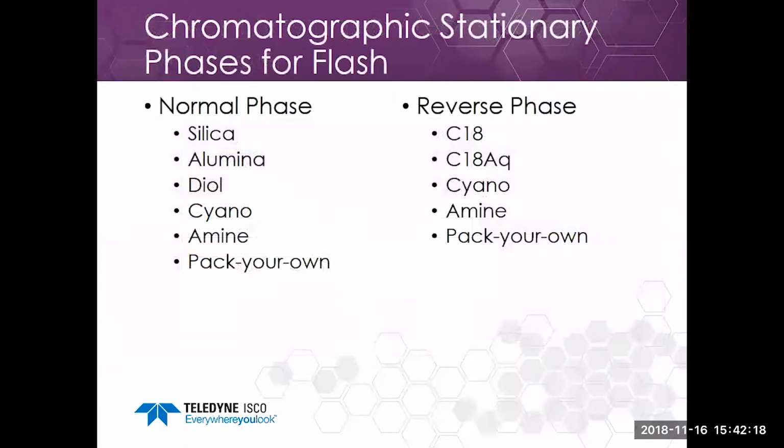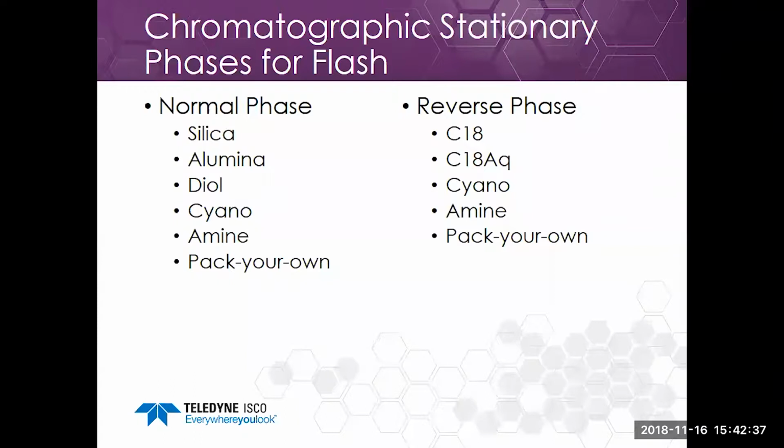So next I want to discuss different stationary phases for flash, and the impact and some choices that you can make that might help reduce your green impact. We have our normal phase and reverse phase stationary phases.